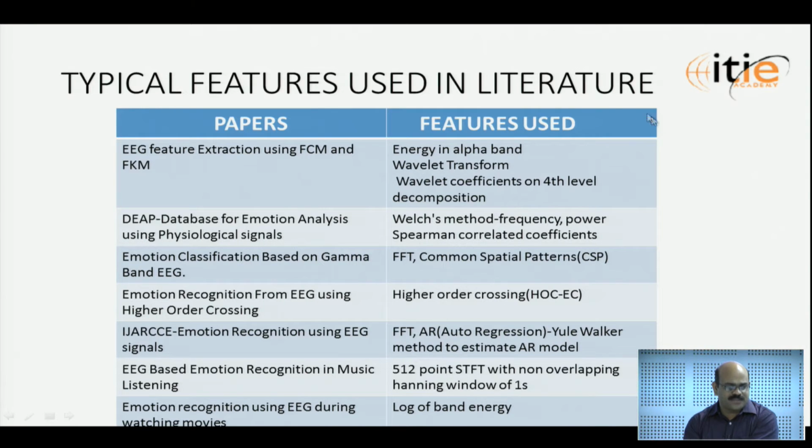So, we just try to give the list of features that you will find across in the literature survey. Broadly for emotion detection, these are the features which are required to extract from the data for training the classifier.